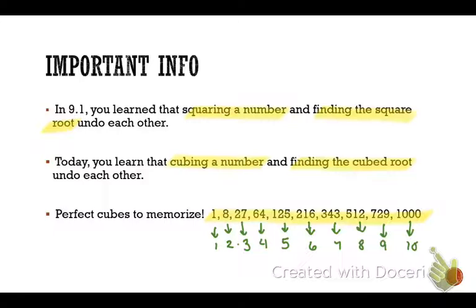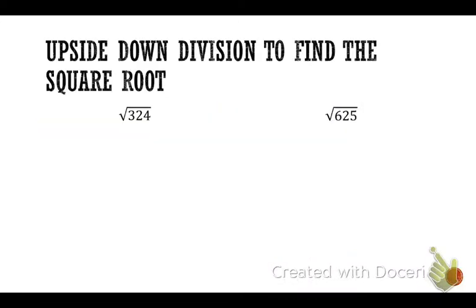All right, so now I'm actually going to have you flip to the homework section of your notes. Go ahead and flip to the back side on the next page, and we're going to practice upside down division again, okay? This method is in place if you don't know what the square root or the cube root is. So we're going to back up and start with square root.